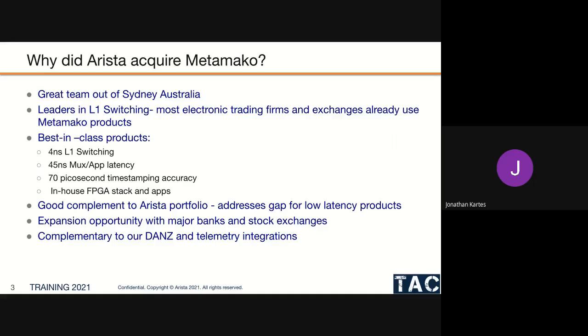So these devices don't have ASICs like your typical modern day layer 2, layer 3 switches do. And in order to get some sort of programmability into them, they used FPGAs. They realized that by doing it this way, they could maintain very fast port-to-port connectivity, even through the applications built in the FPGAs. So that second bullet point there is 45 nanoseconds for the MUX app.